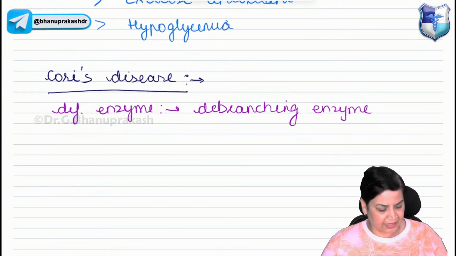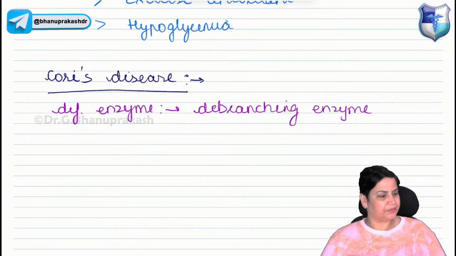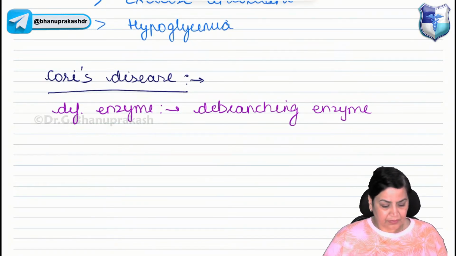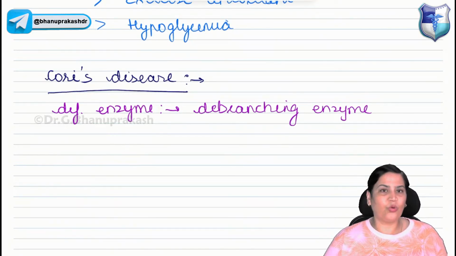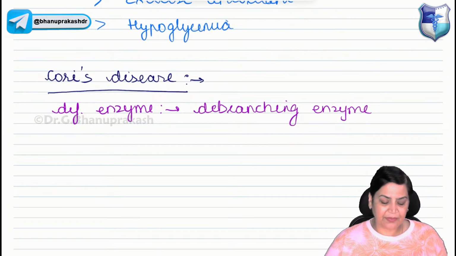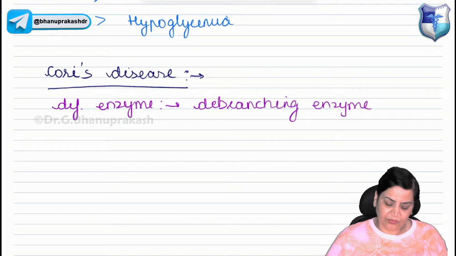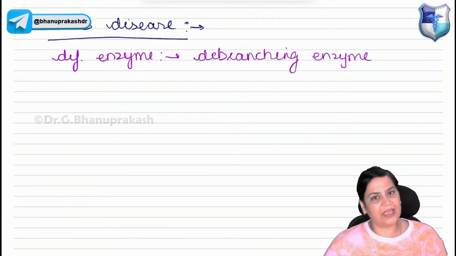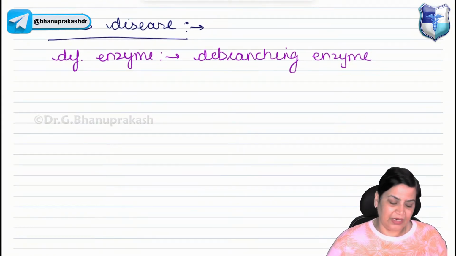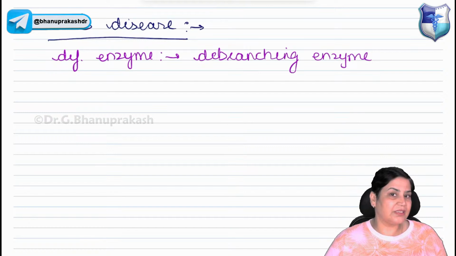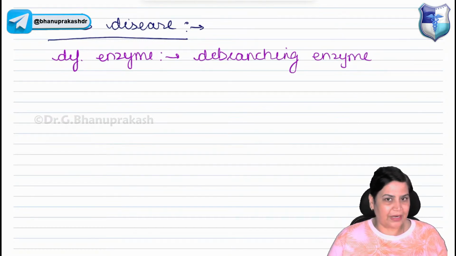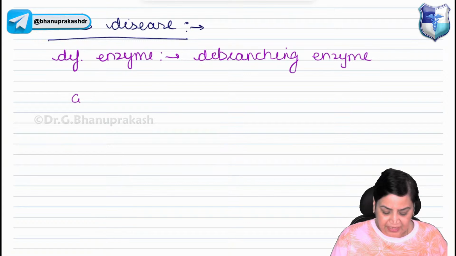So let's start now. Okay. So if we talk about Cori's disease, the deficient enzyme here is debranching enzyme. Now again, what is the function of debranching enzyme? Removal of the branches. So if you go back to glycogen synthesis, I told you that this was glycogen.